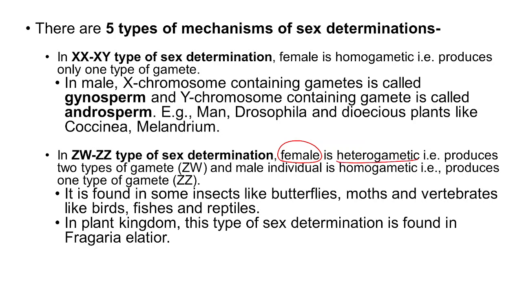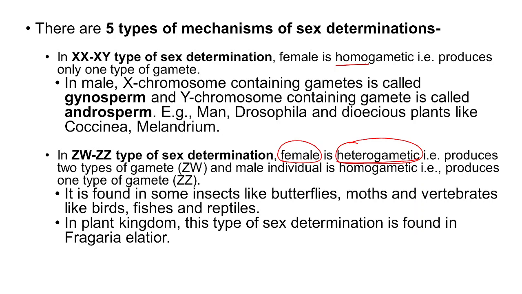Okay, as it is XX and XY, here we are going to mention ZZ and ZW. Like XX and XY where the female was homogametic, here the female is heterogametic. Unlike XX and XY, it is different.